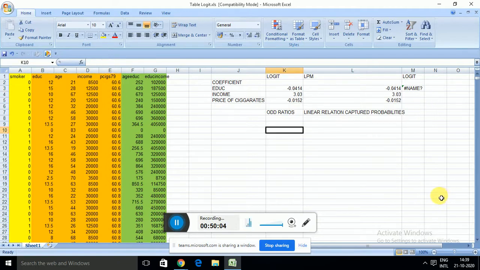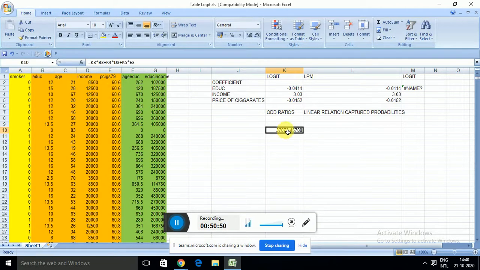So basically what is beta x? Beta x would be this times education, which is 15, plus income times this one, plus price of cigarette times this one, right?